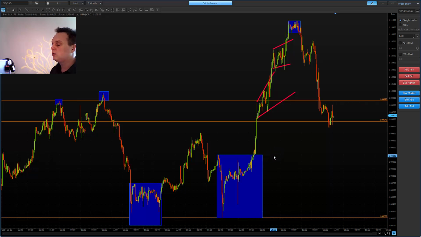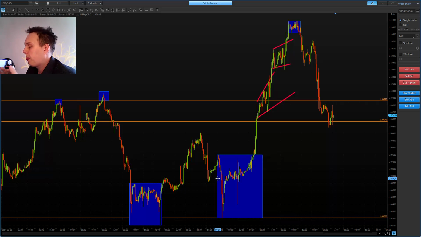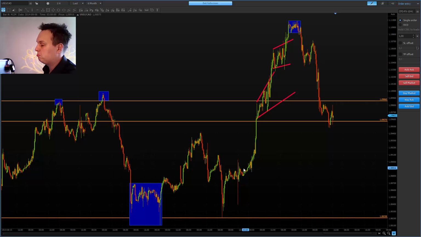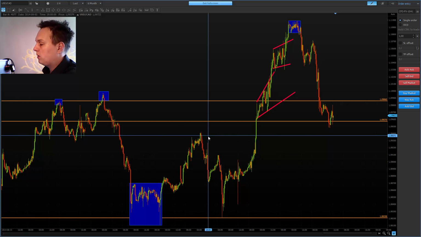So in many cases it's pretty difficult to determine how our demand zone or supply zone would look, because the chart is not always as clear and beautiful as examples might show us, okay.